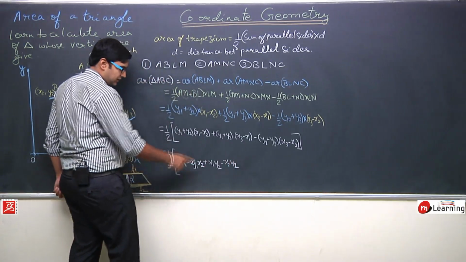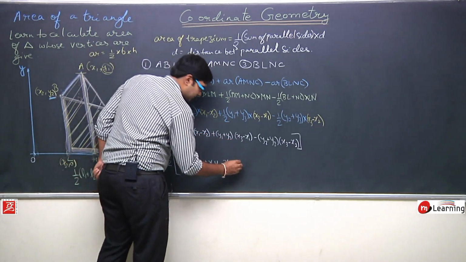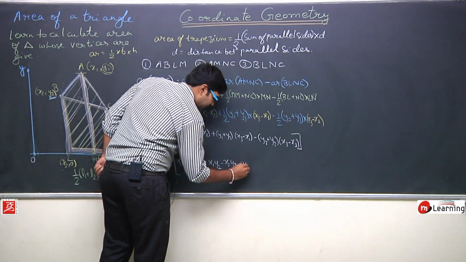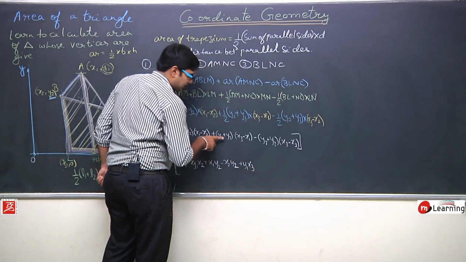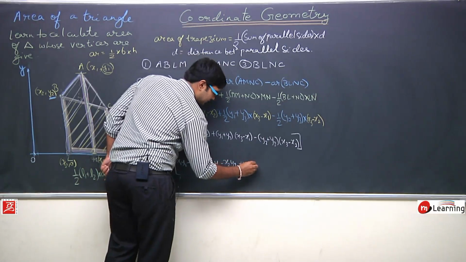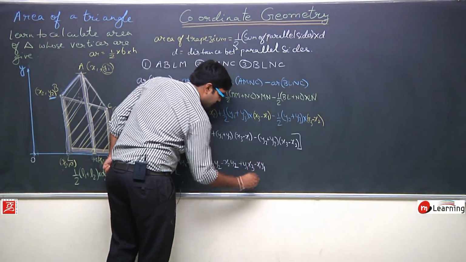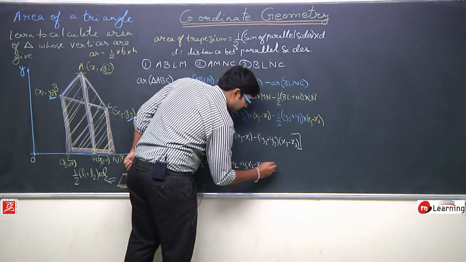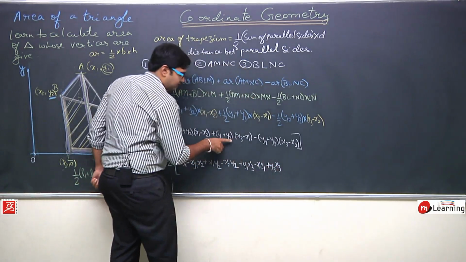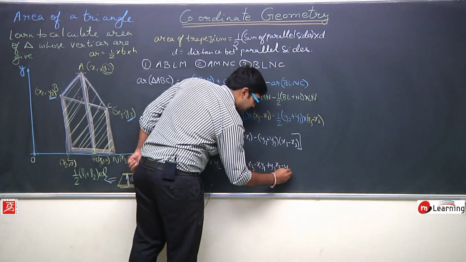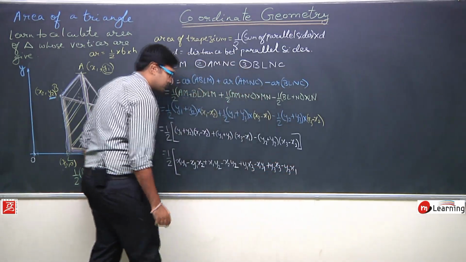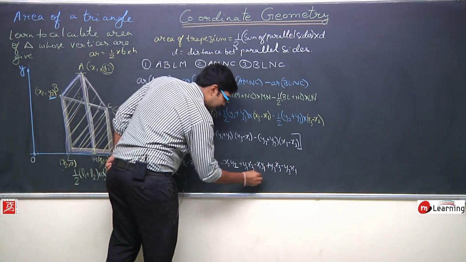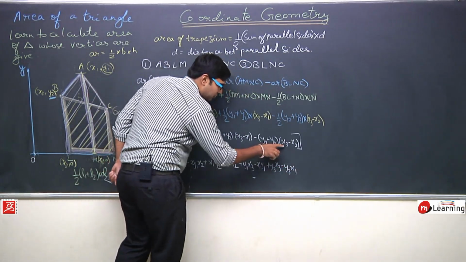Now further solving it, plus y1 x3, then y1 into x1, so minus x1 y1, then y3 x3, so plus y3 x3, and y3 into x1, so minus y3 into x1. Then minus y2 into x3.